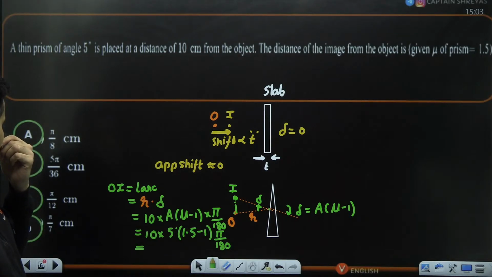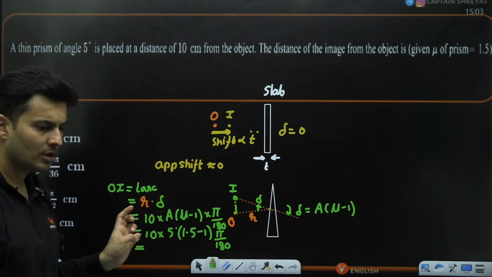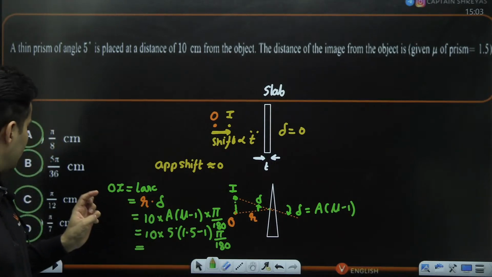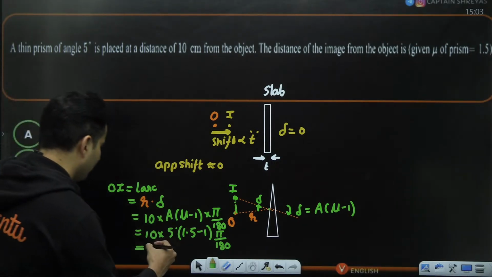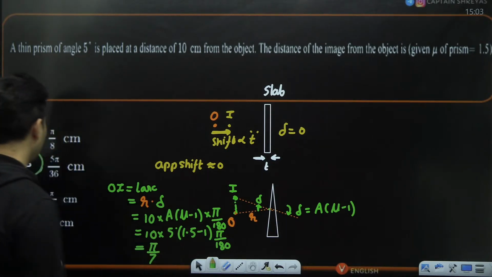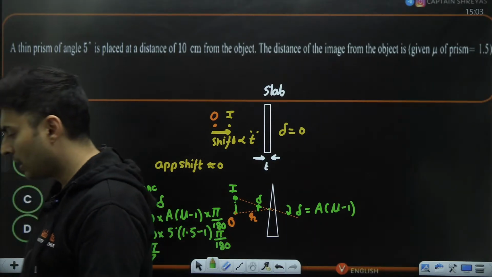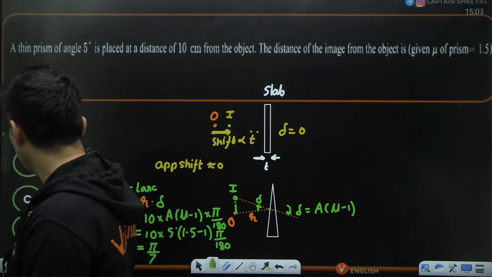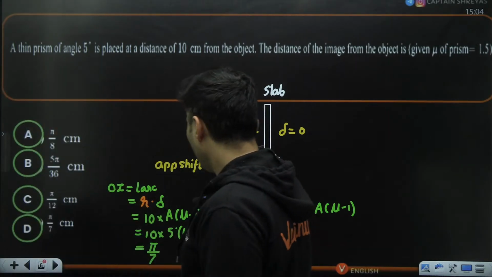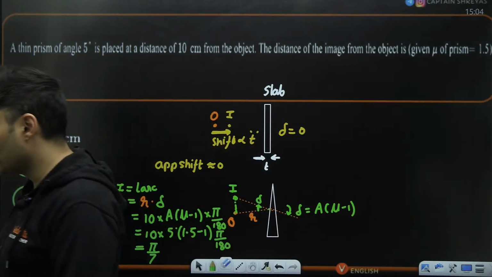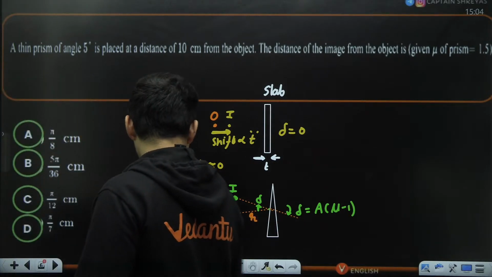So it's going to be close enough to pi by 7. Pi by 7. Everyone, just check it out. Approximately, you can say that. Or if you want exact, then you will have to see what it is divisible with.